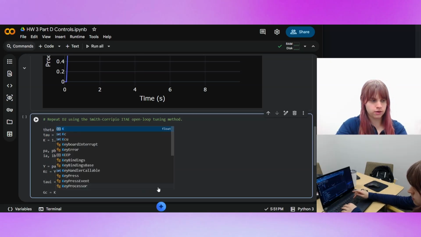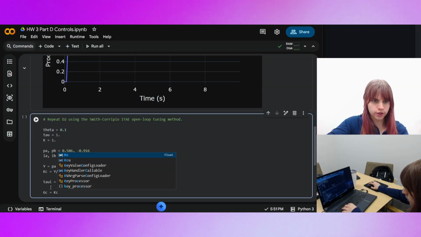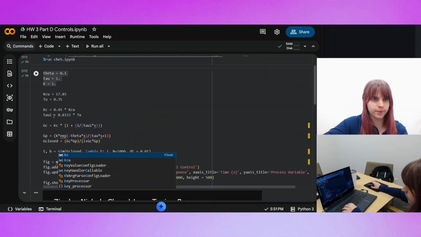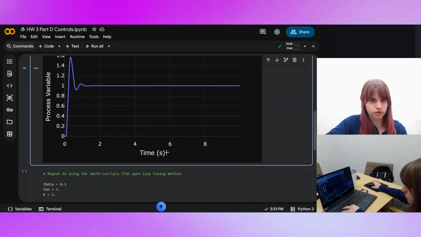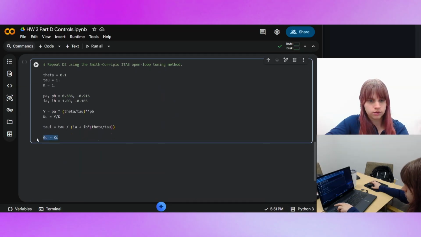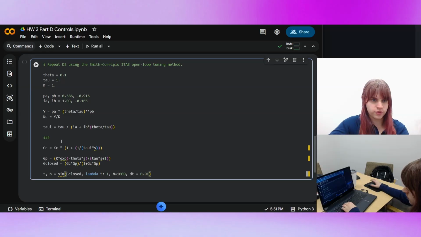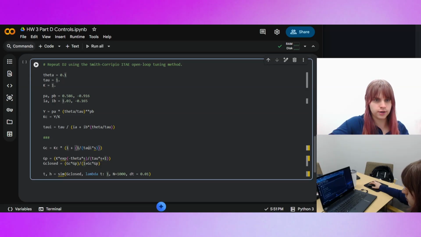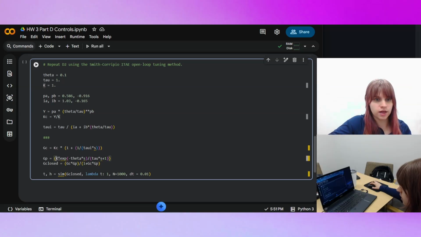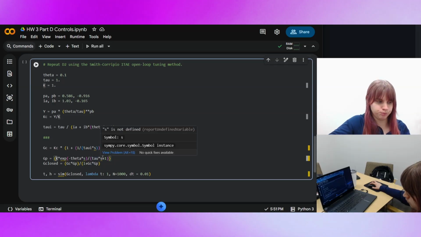GC, as we defined earlier, I can actually just take it from the Ziegler-Nichols code, because those should be mainly the same, so I'm going to take those and just double check that they look okay. So we have 1 plus 1 over tau I s. Our GP is k times e to the negative theta s over tau s plus 1.